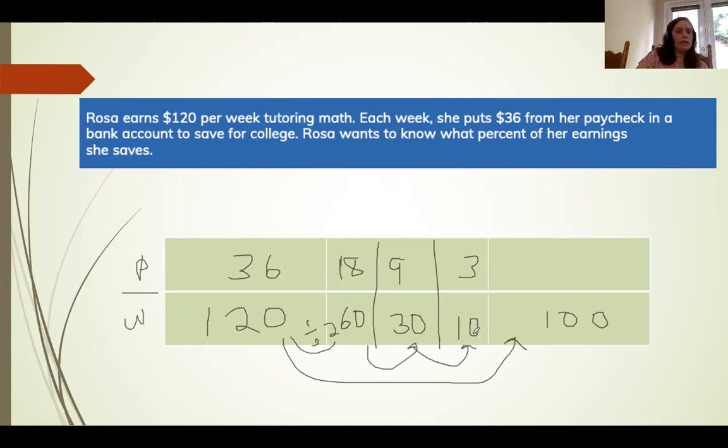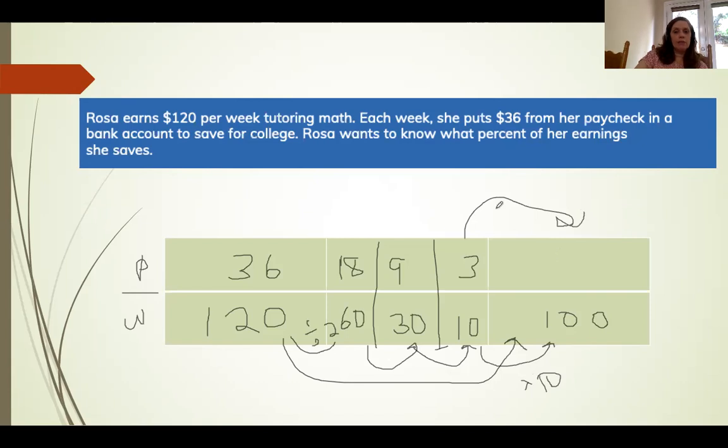I now have 10 to 100. Well, I know that I divided by 3 here, and I know that this is a multiplication of 10. So what I'm doing on the bottom, I have to also do on the top.